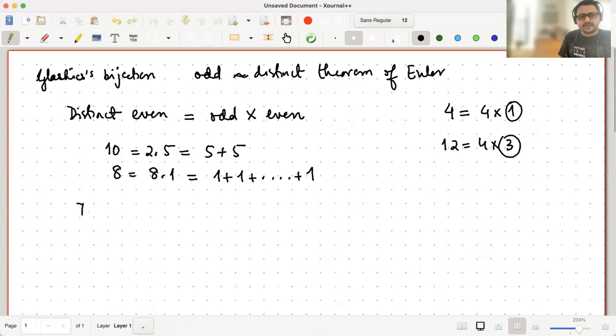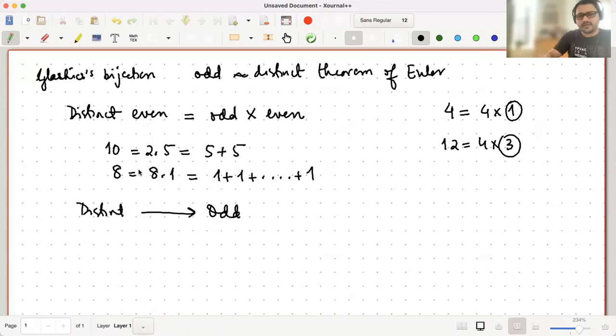This is one direction of the bijection. So from distinct to odd, we can make any partition into distinct parts into a partition into odd parts. So what about the reverse direction? In the reverse direction, we are going to club two parts together at a time, and we keep on clubbing until we exhaust the parts.